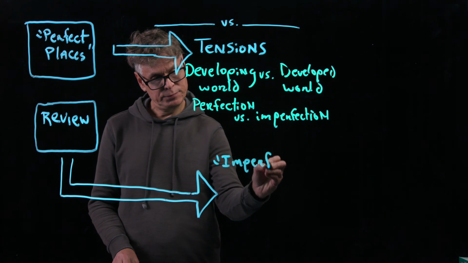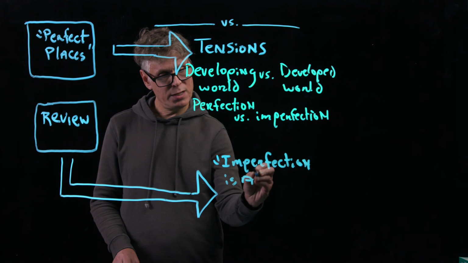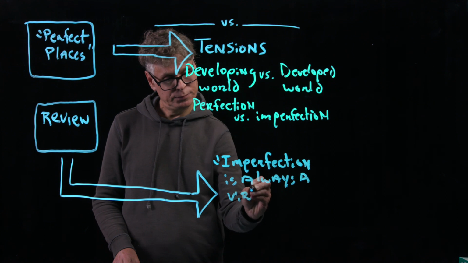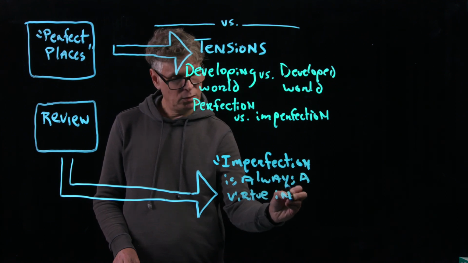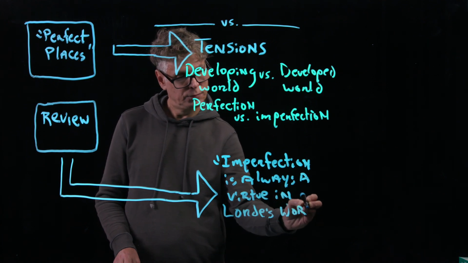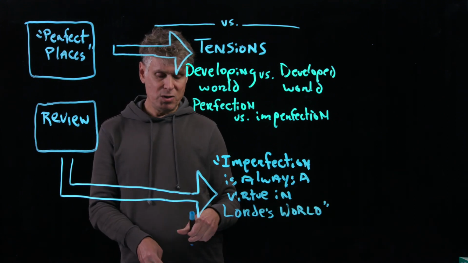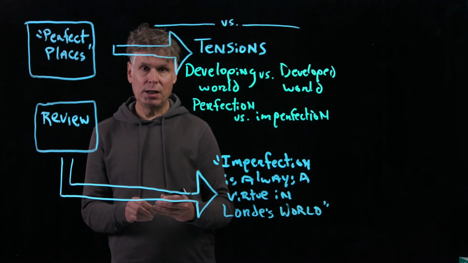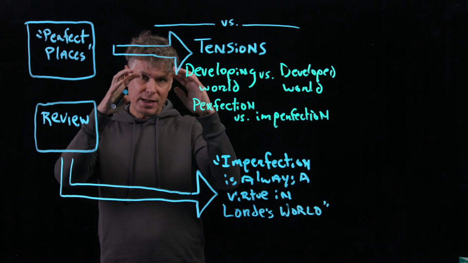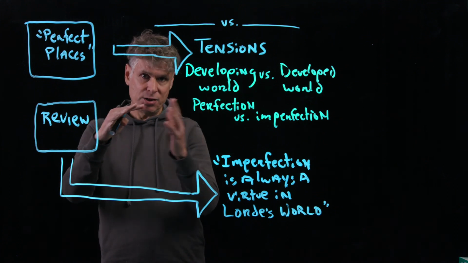Imperfection is always a virtue in Lorde's world. It's the very first sentence in the music review, since you don't have to do a long introduction, and it creates a theme for the whole review that he or she keeps coming back to.